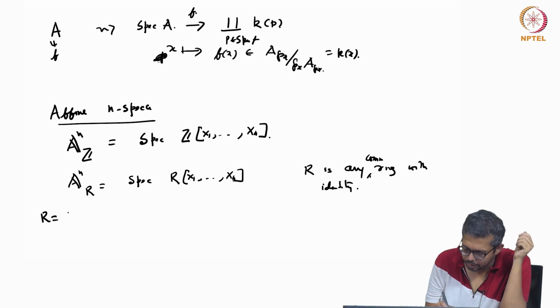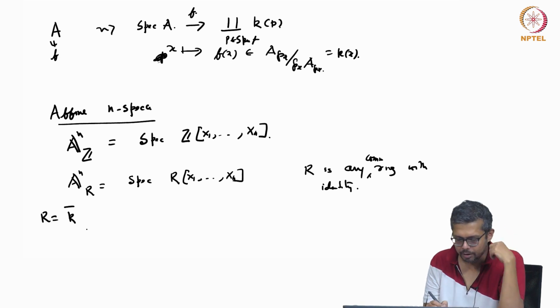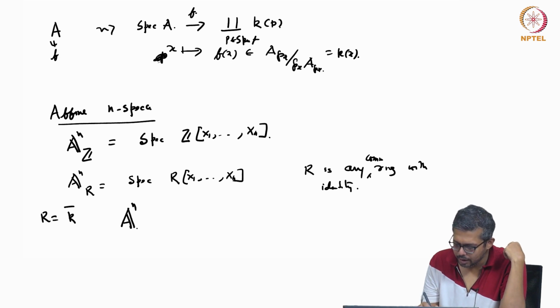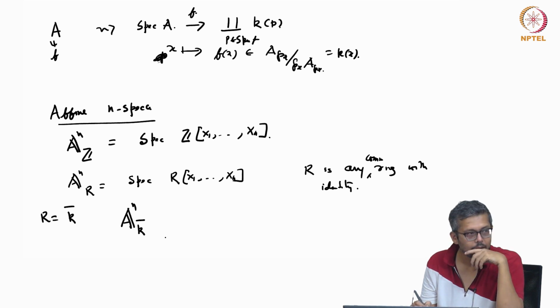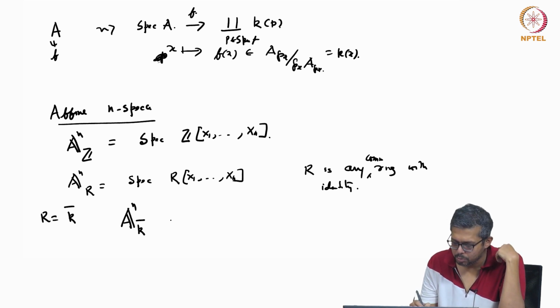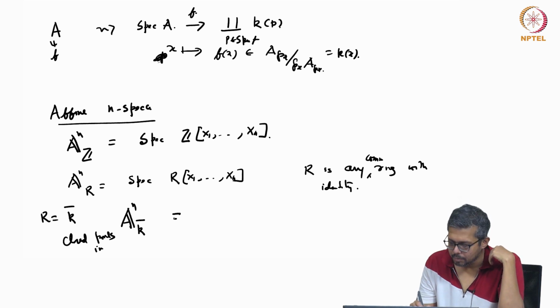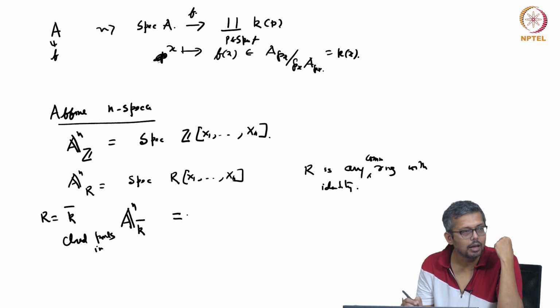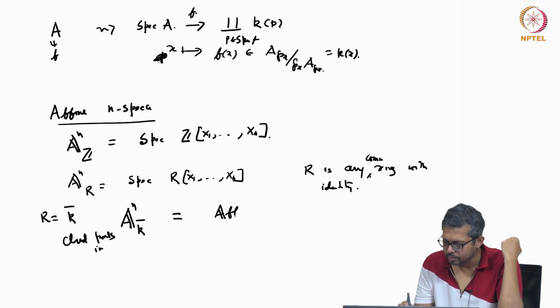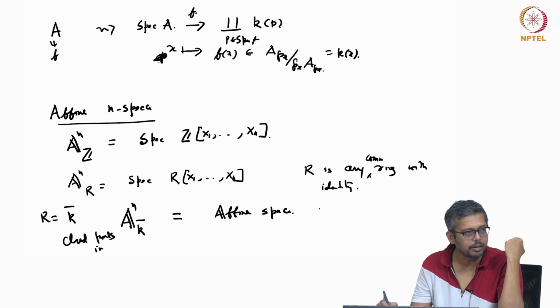When R equals k bar, that is k algebraically closed field, what you get in A^n over k bar, the maximal ideals, the closed points here, this is nothing but the usual affine space, the affine variety, affine space in the sense of variety.